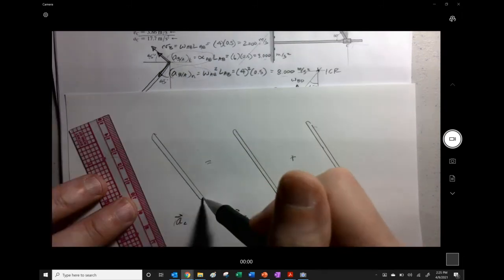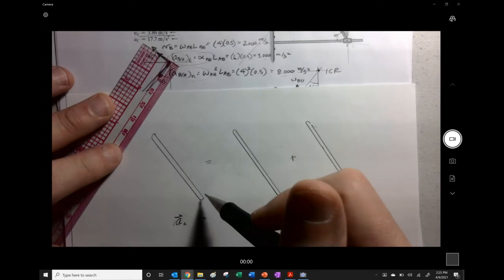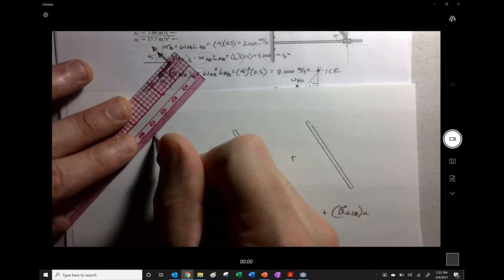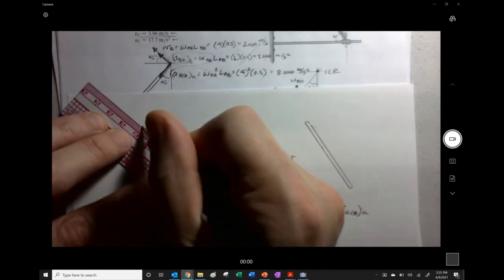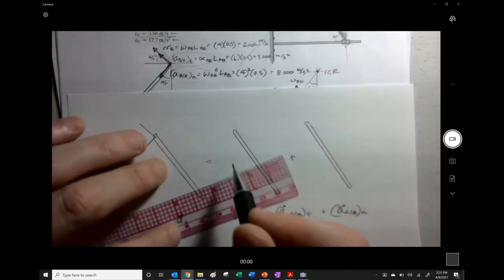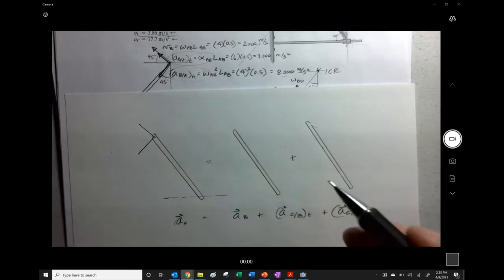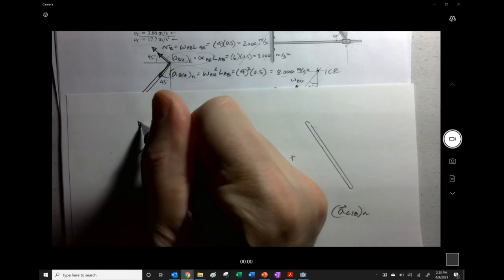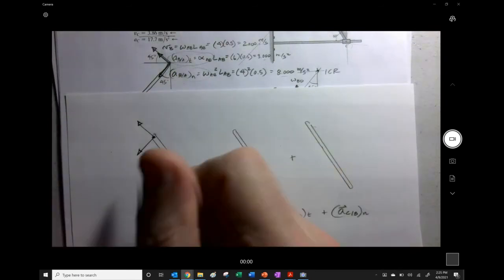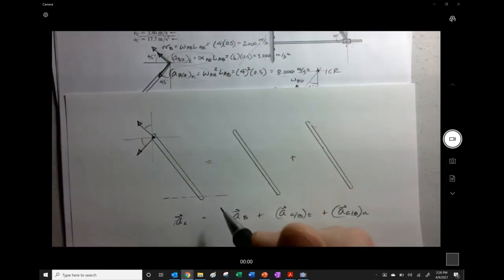And so I will place what I know onto B. And I will draw that I know C has to be constrained in that direction. And here are my angles for this right there.